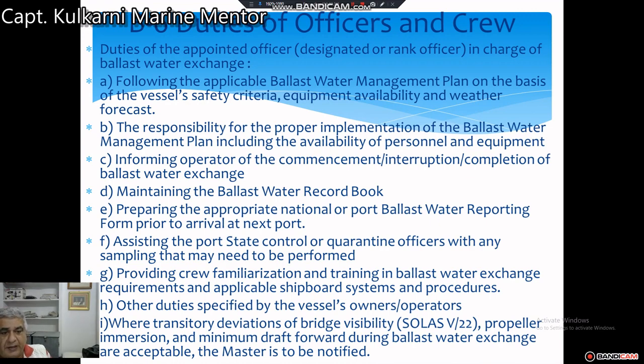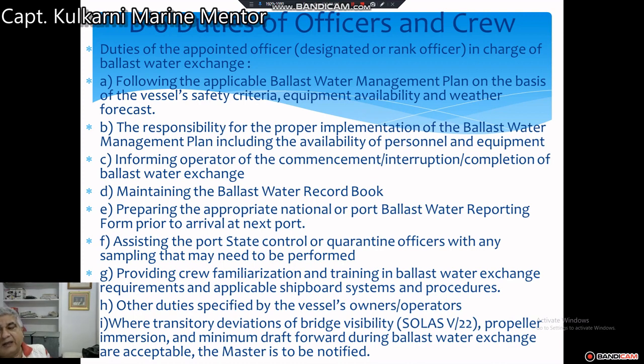So it should become part of the ship's familiarization, which has to be kept in mind. Other duties specified by the vessel's owners and operators, any additional measures which the owner and the operator have. Where transitory deviation of bridge visibility, propeller immersion and minimum draft forward during ballast water exchange is acceptable, the master is to be notified.